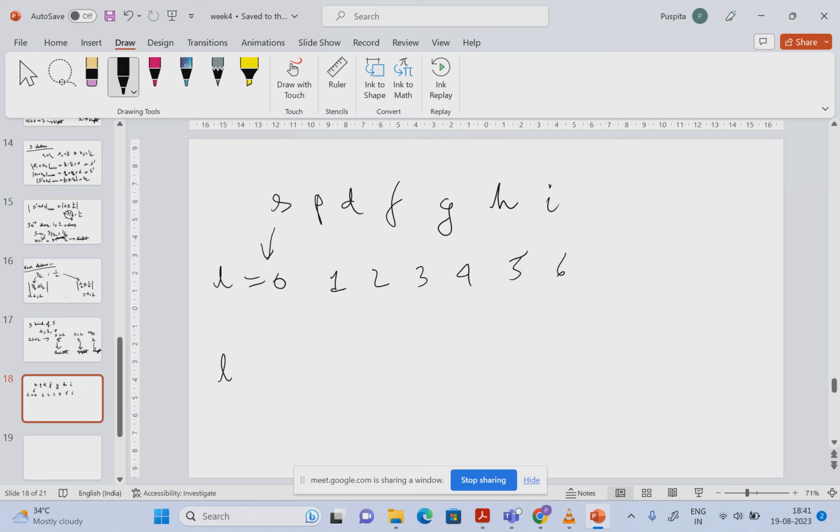For two electrons, L1 plus L2 to L1 minus L2 will be L. For more than 2 electrons, first we compute for two electrons, then we add the third one, like this.